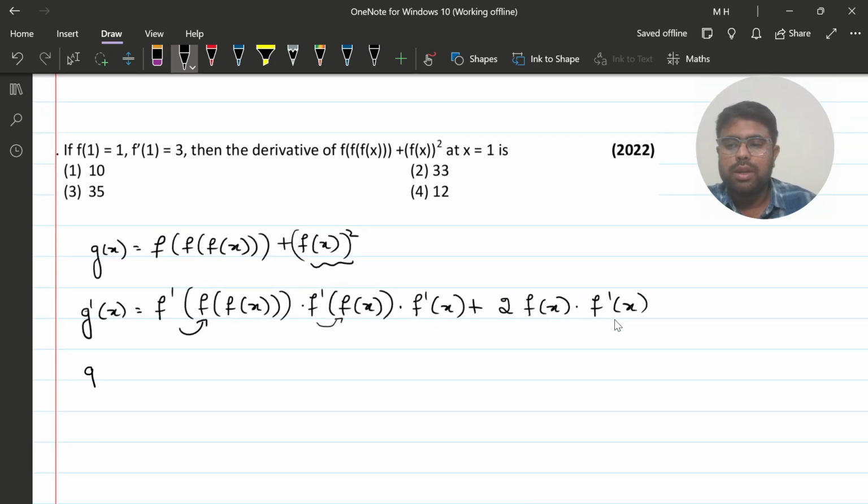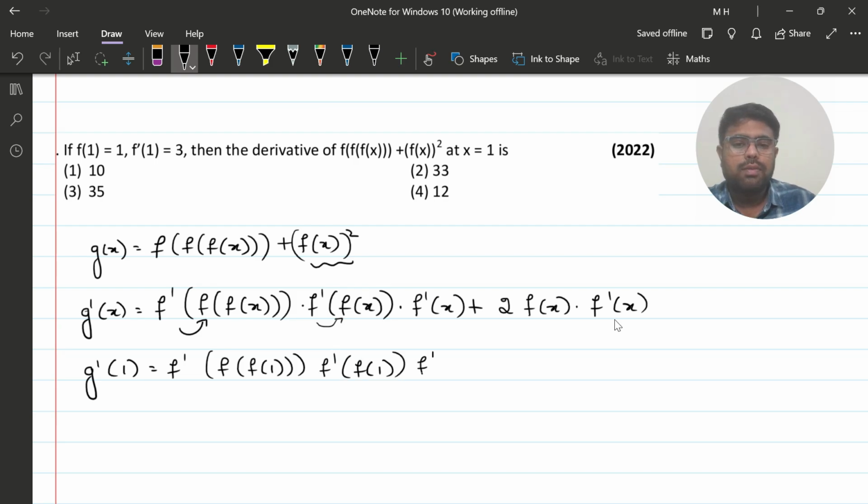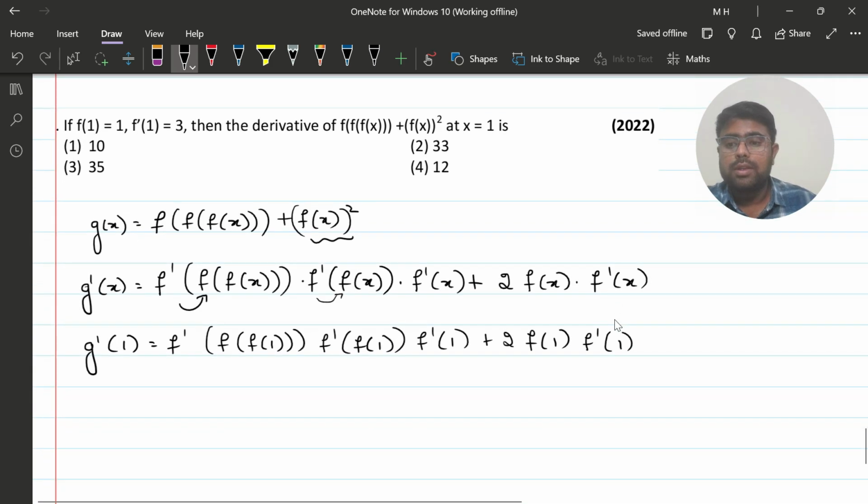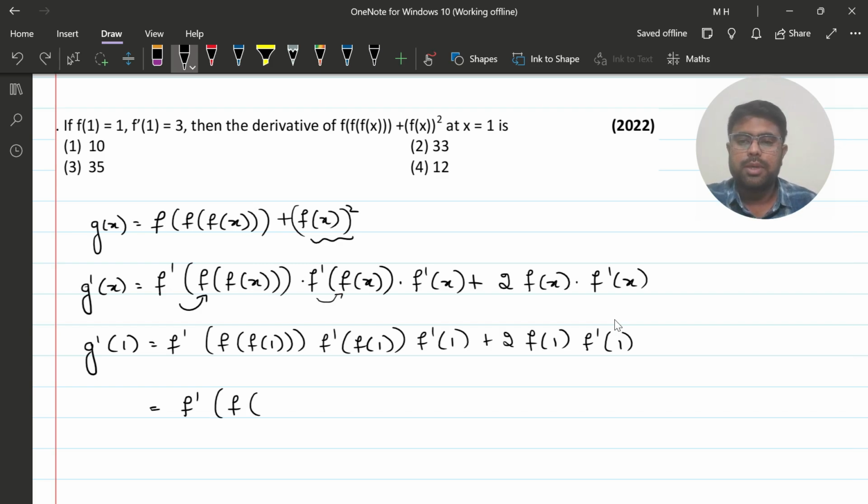Now I'll put x equal to 1. g dash of 1 would be equal to f dash of 1, f dash of 1, f dash of 1 plus 2 times f of 1 into f dash of 1. So this is what you have. What is f of 1? Just a minute. What is f of 1? f of 1 is 1, right? f dash of 1 is 1 into, what is f dash of 1?